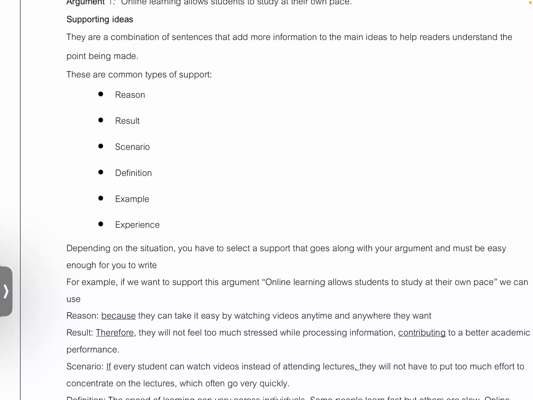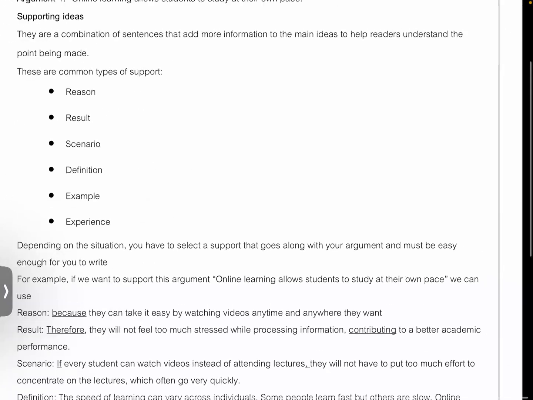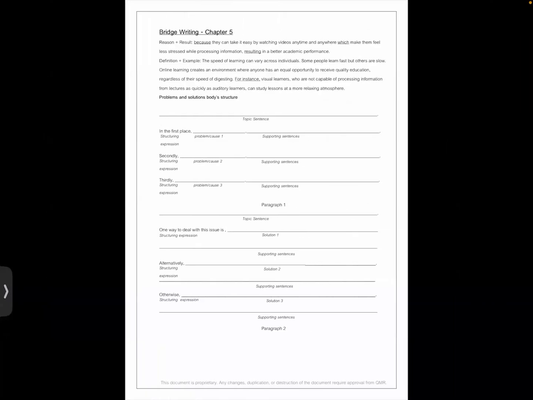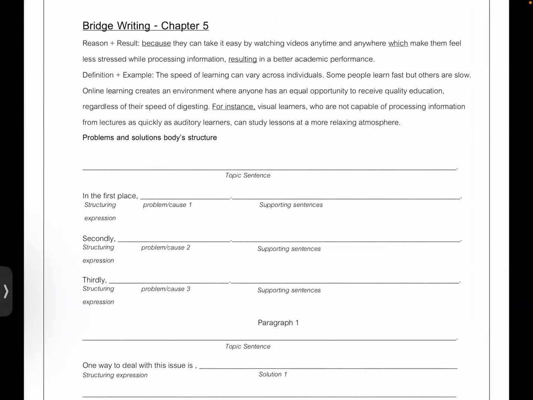This really depends on you. Okay. So here are some examples of how you can create a combination. If you combine reason and result together, then your explanation will look like this: because they can take it easy by watching videos anytime and anywhere, which makes them feel less stressed while processing information, resulting in a better academic performance.